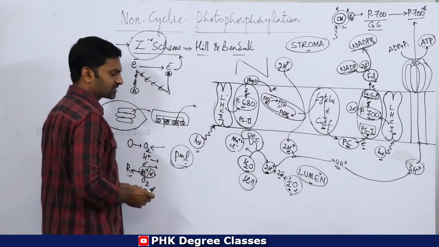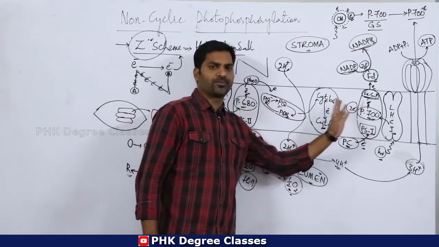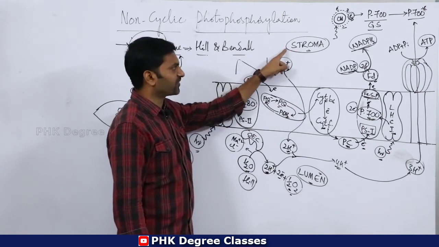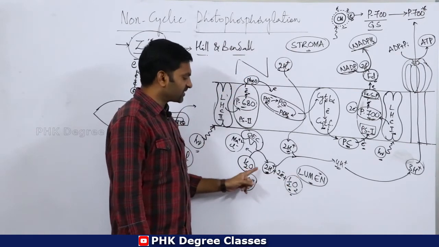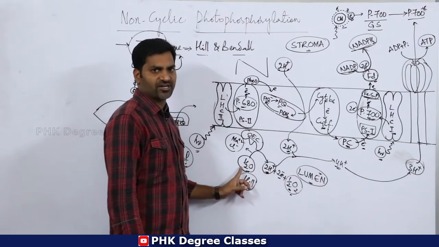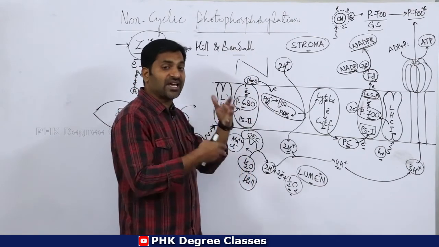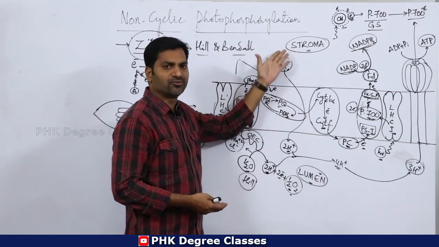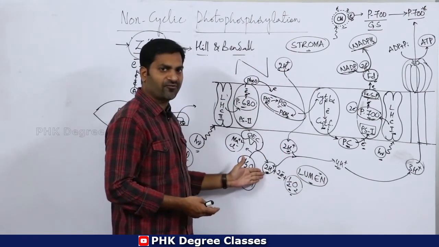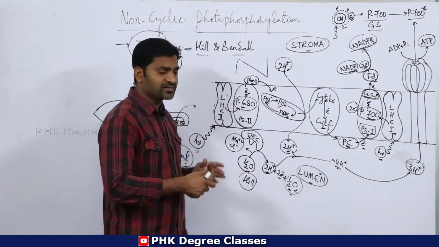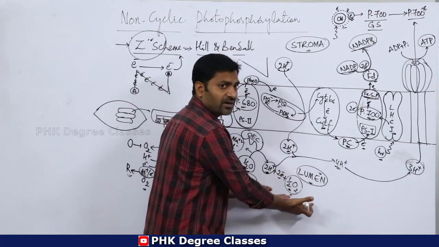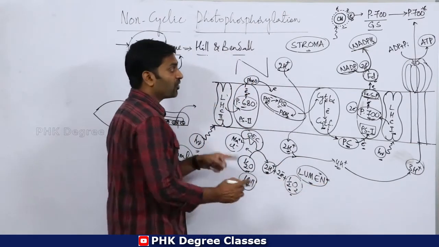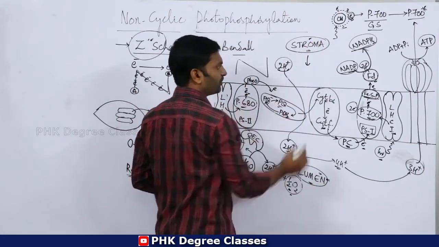Whenever non-cyclic photophosphorylation takes place, every time two protons come from the stroma to the lumen, there is also a formation of two protons from the water. So every time protons move from stroma to lumen, and protons are also formed from water, the proton number increases in the lumen and decreases in the stroma.